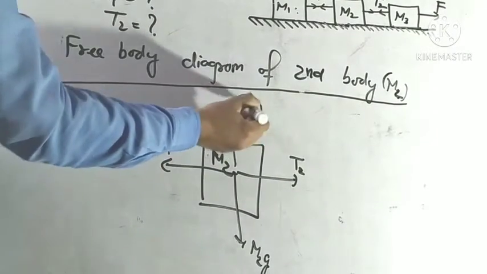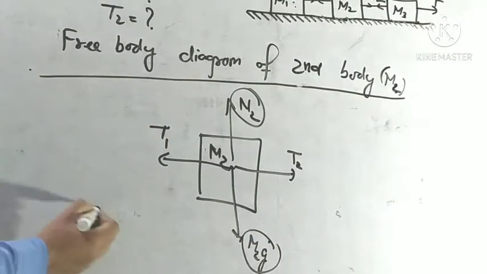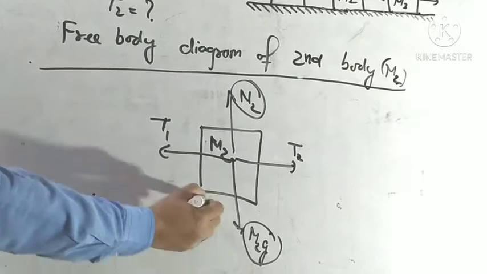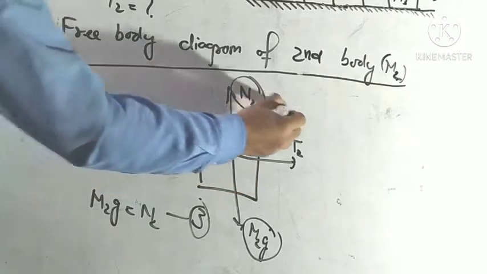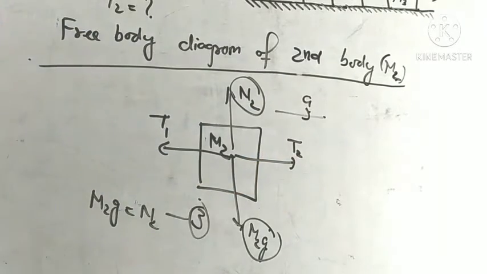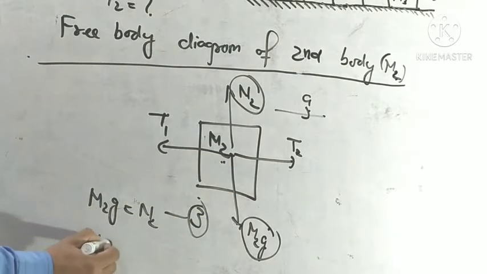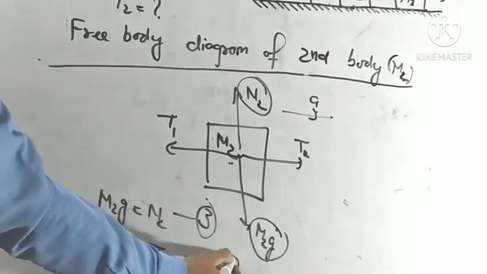Here these two forces have the same magnitude but opposite directions, m2g equal to n2. We call it equation number 3. This body will move to the right with acceleration a, so the net force working on this body will be m2a equal to T2 minus T1. We call it equation number 4.